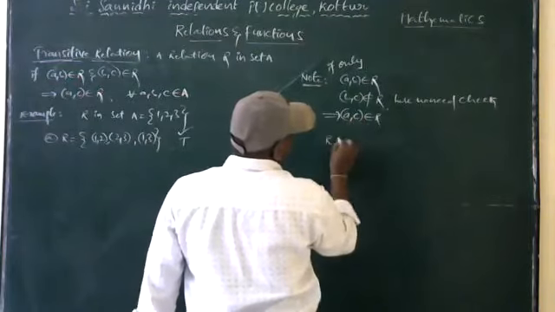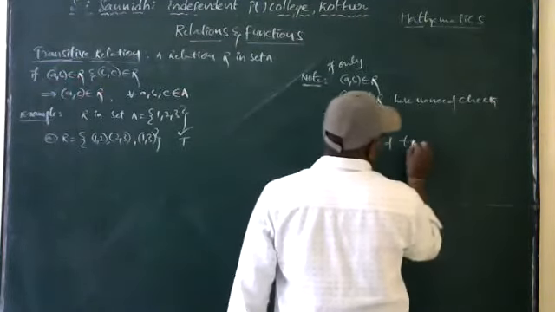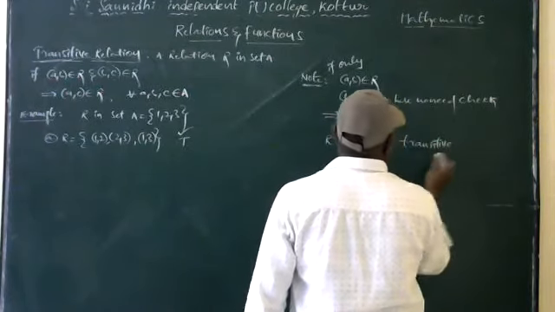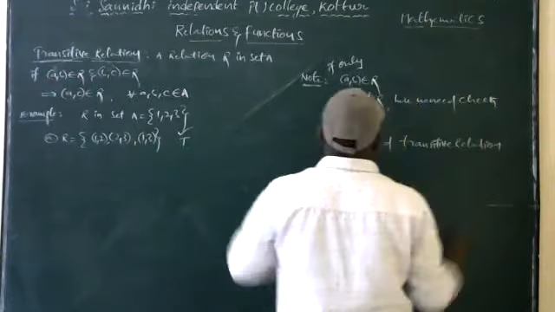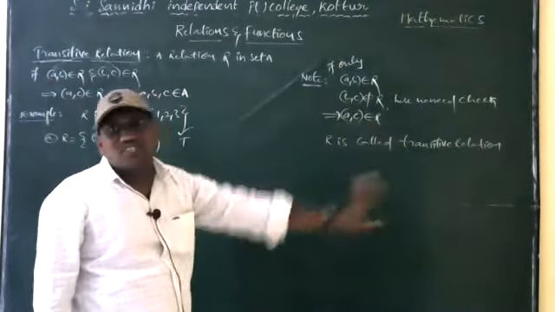R is called transitive. This is one more definition for transitive relation. Here you should not get confused: in case the second condition is not there, then also it is a transitive relation.